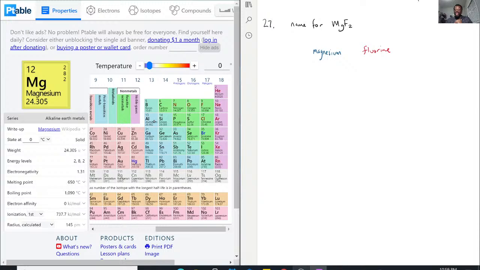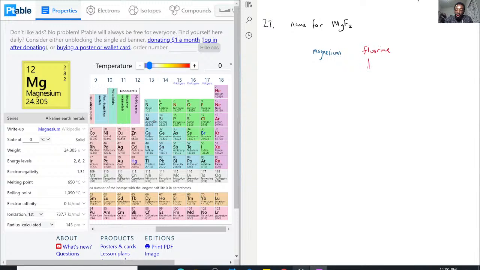Now, in terms of the naming, how we go about naming this is that we have to make sure we change the end of fluorine. But other than that, because it's an ionic molecule, we factored in already the different charges. We don't need to state how many fluorines we have. It would literally be the only change.